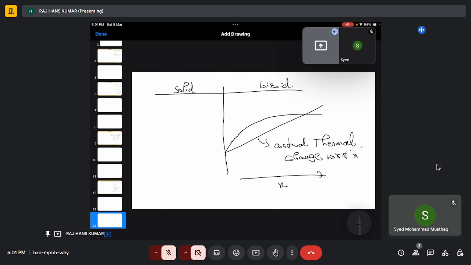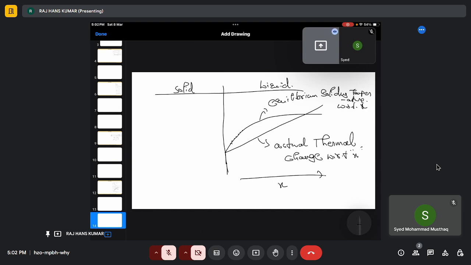This is my distance into the liquid, right? Now this is my equilibrium solidus temperature with respect to, again, x.